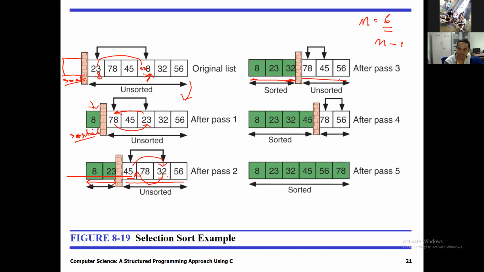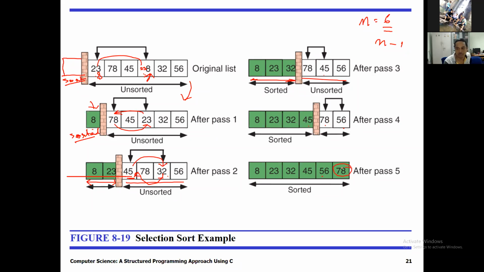Do the same operations. Pick up the minimum one, that is 45. Swap 45 and 78. Bring the 45 into the sorted part. Then the 78 and 56. Do the same operations. Now there is only 1 remaining element.